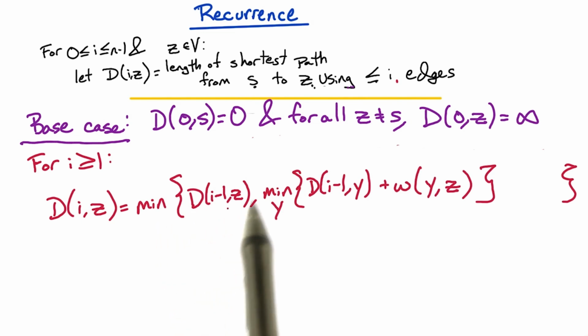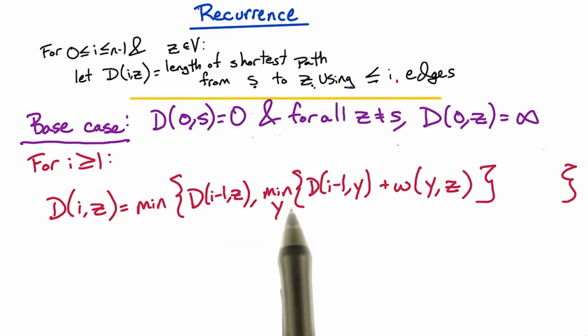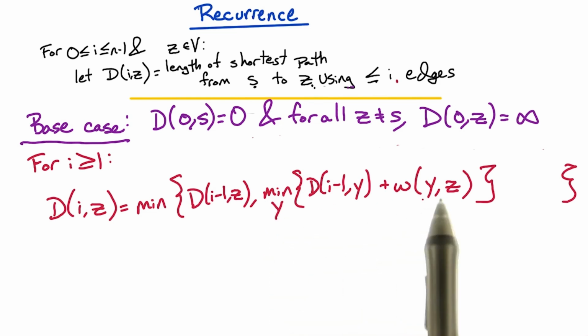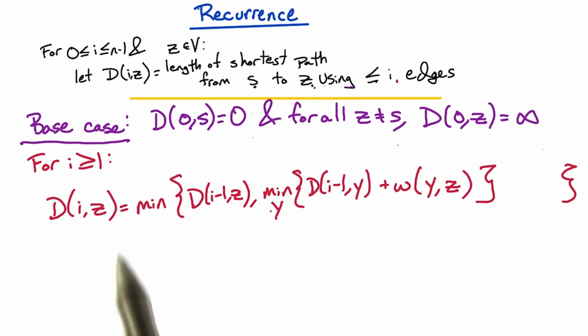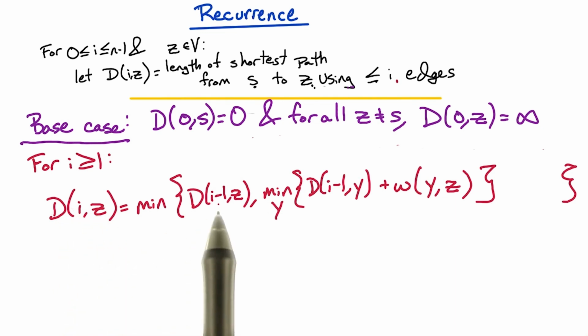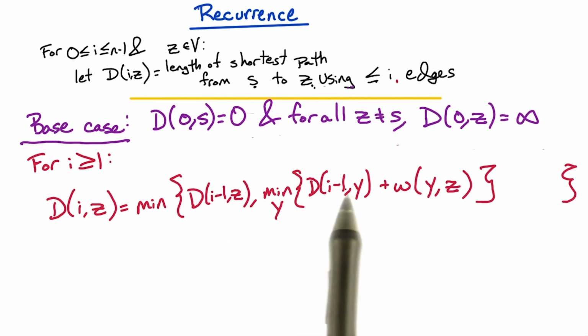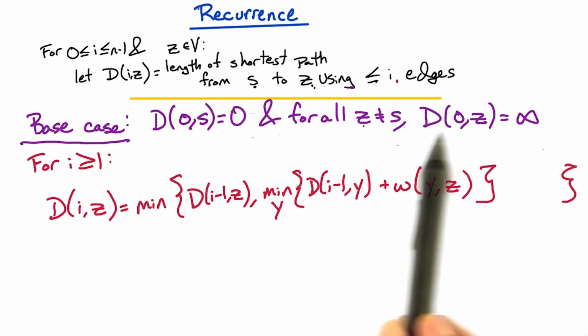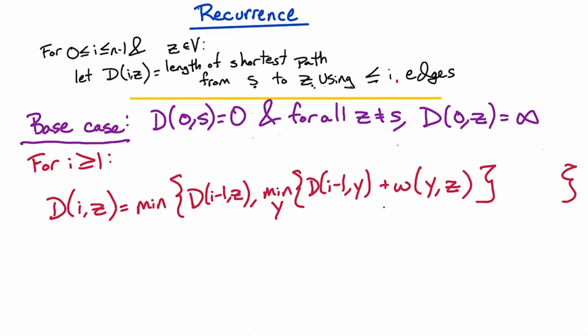We take the min of the i-1 case and the min over choices for y. And this defines our recurrence for d of iz. Notice, in order to get this d of iz, we're using entries which involve i-1. So if we build up the table from i going from 0, which is the base case, to n-1, we'll have a valid dynamic programming algorithm.